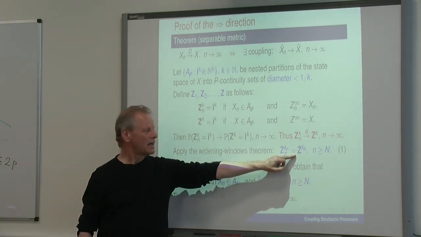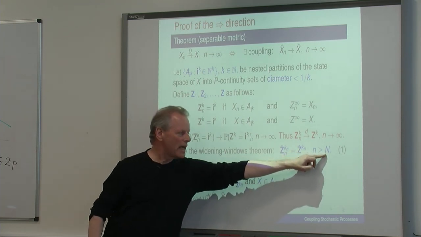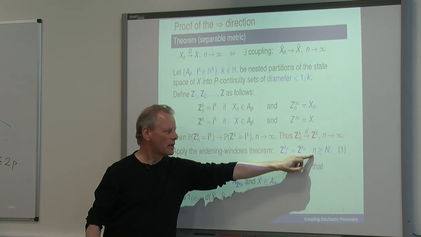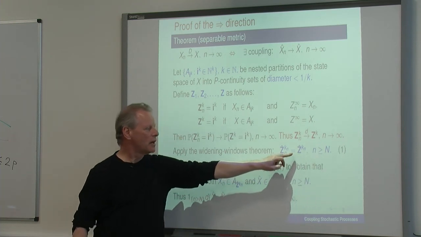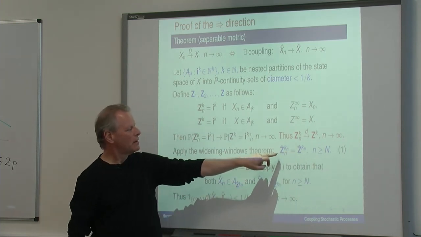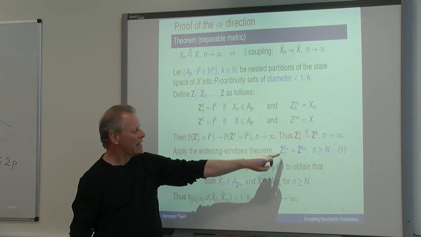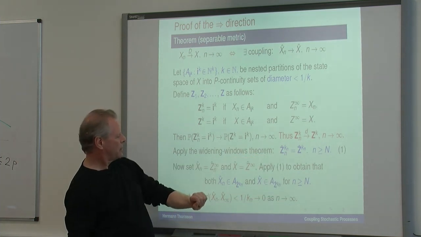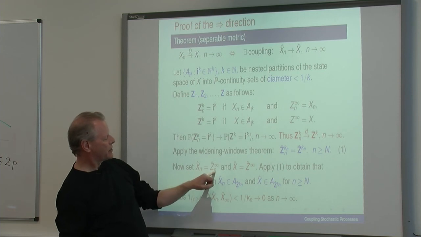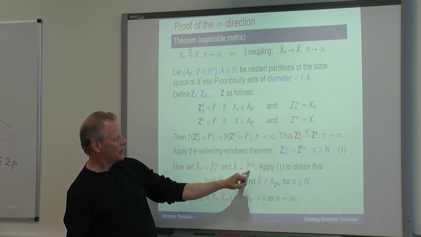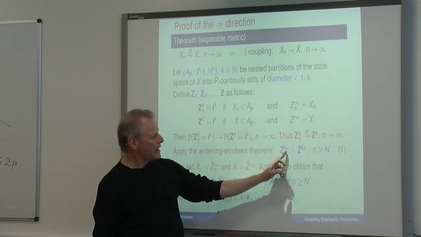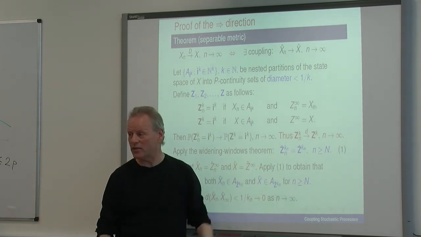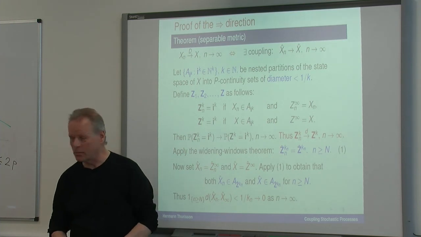that there is a random n, so that from n onward, the x hat n's, where x hat n is going to be this end variable here, and this is going to be this one, so the x hat n's are in the same sets as the limit.